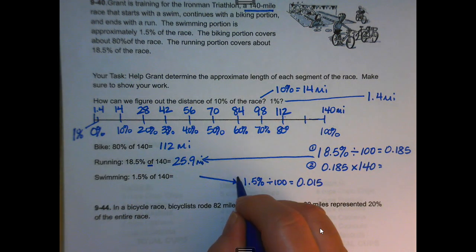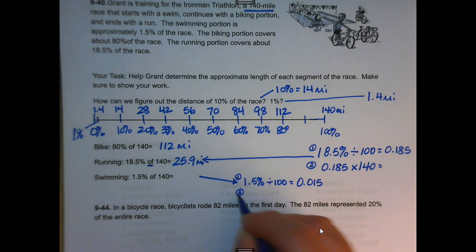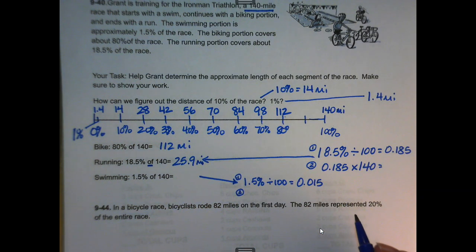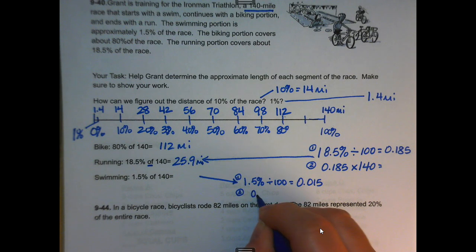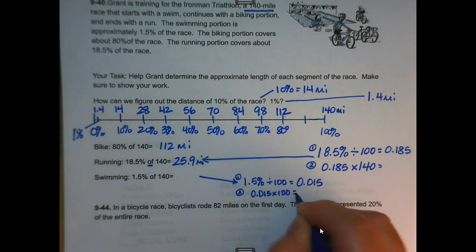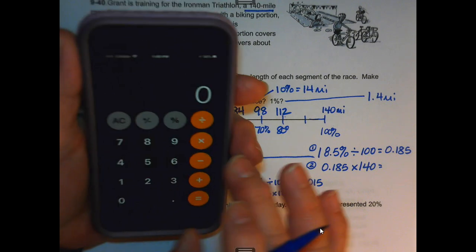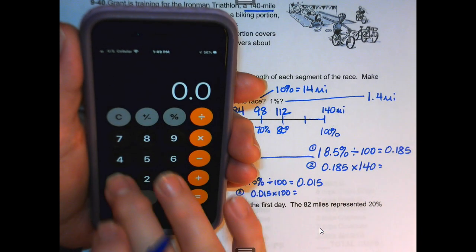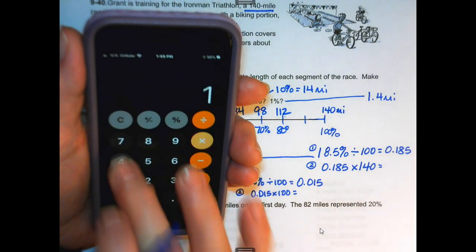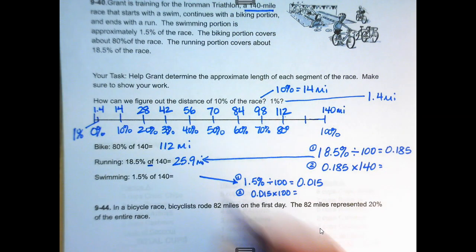The second part is to multiply 0.015 times 140, and we get 2.